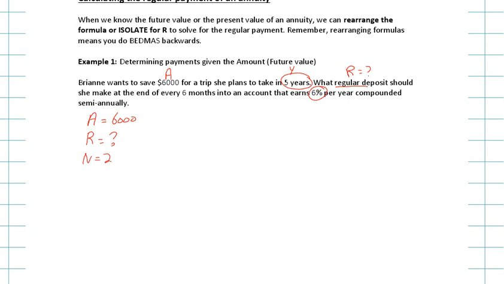What's small n? So how many compounding periods do we have? 5 times 2. Remember that n is the number of years times the compounding period, right?